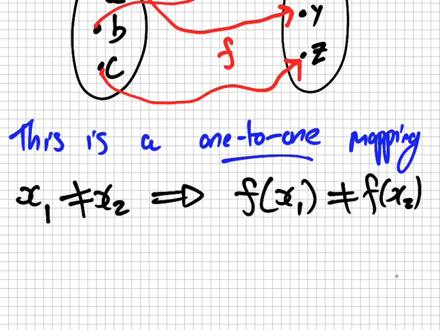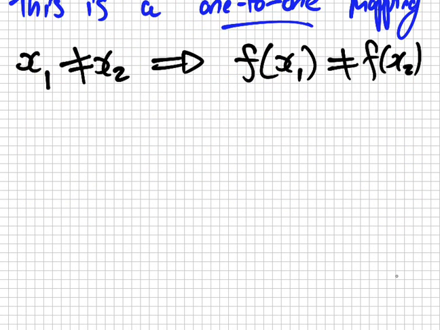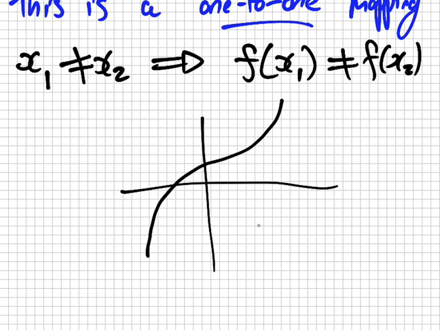By the way, for the graph, what you need to be able to tell is that the graph should always be increasing, never increasing then decreasing, or decreasing and increasing. So for example, this is not 1-to-1. It's like, what? X squared.